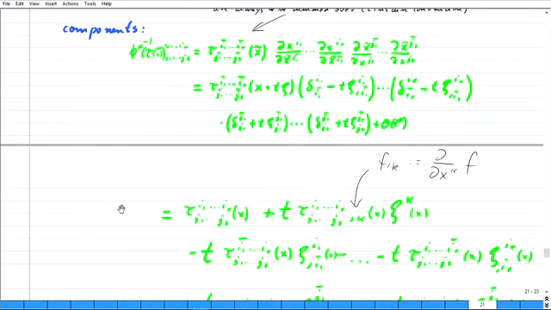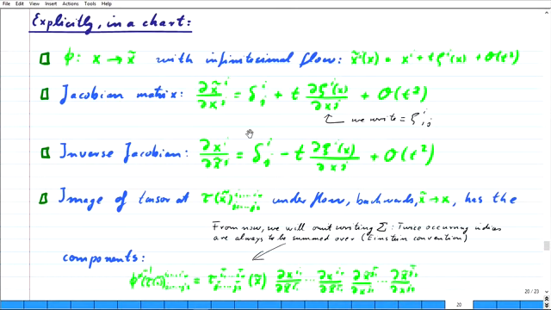Okay, and then those Jacobian matrices, we just worked out what they are to lowest order. This Jacobian matrix is the Kronecker delta plus that. This Jacobian matrix is the Kronecker delta minus that.